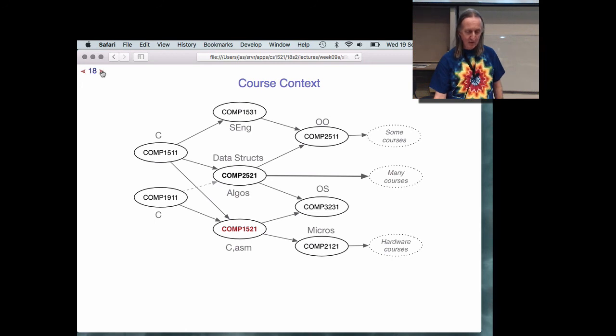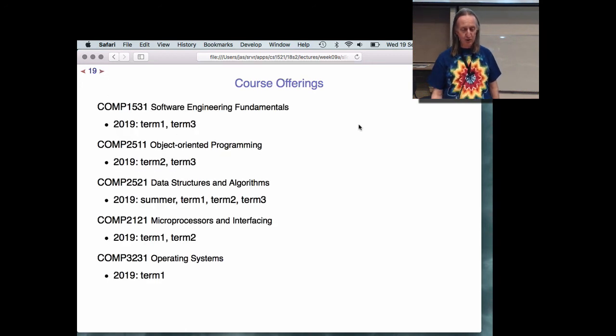And speaking of when you can do stuff in the future, if you want to do 1531, if you're not already doing that as well, that's when it runs. Programming will, if I have anything to do with it, not be taught by Wayne Wobcke ever again, and it will run in the latter two trimesters. 2521 runs every semester.